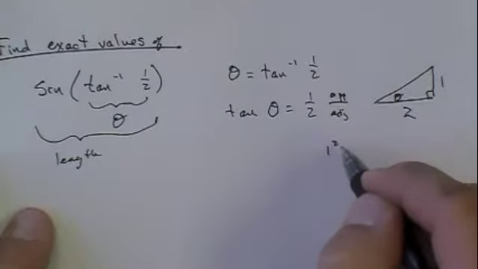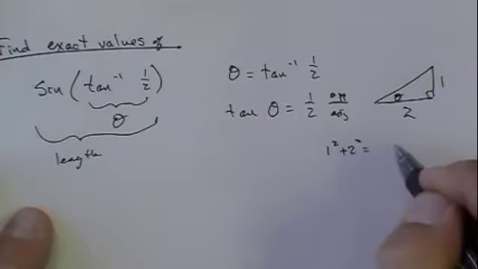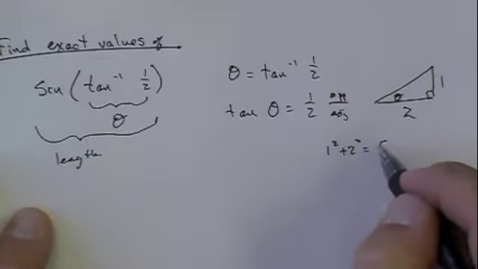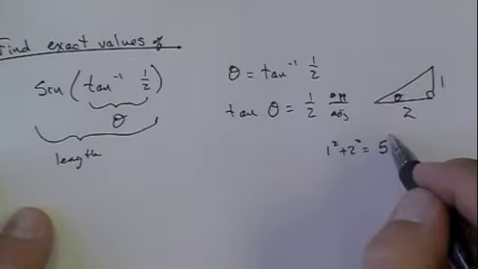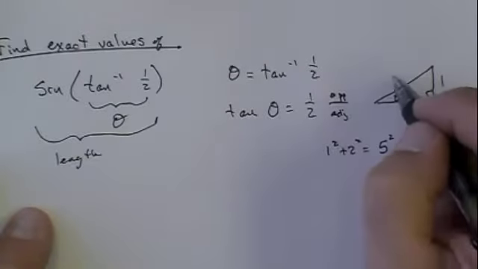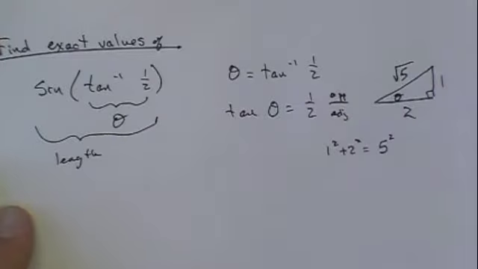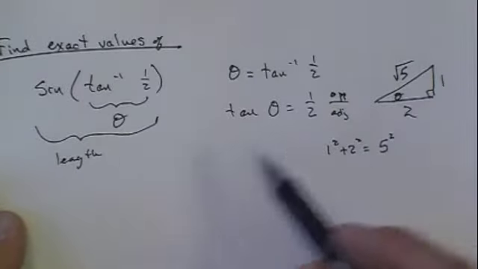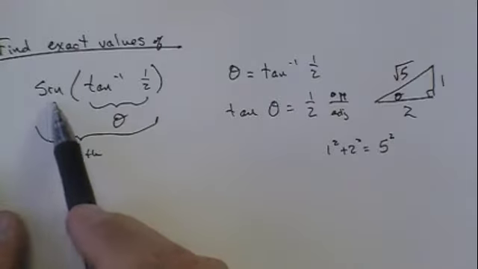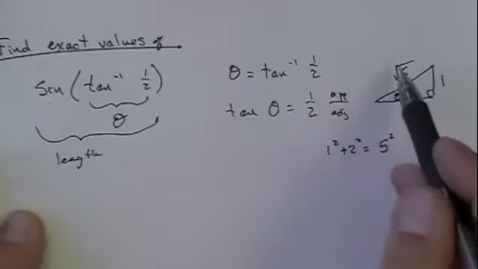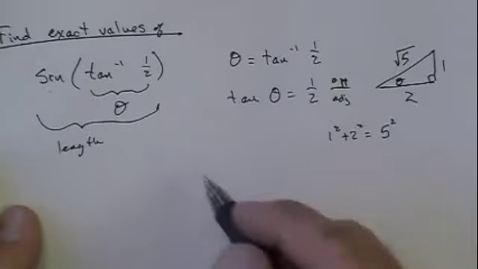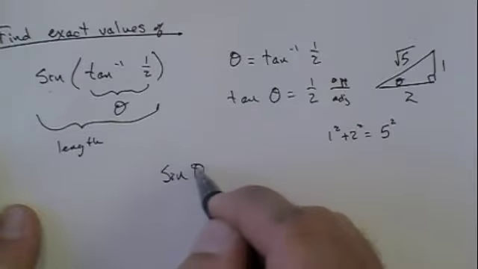Pythagorean theorem: 1 squared plus 2 squared equals 5, so that side would be square root of 5. Now, we don't really need to find our angle here. What we were really looking for is the sine of this. So all we do now is use our triangle to find the sine of theta.